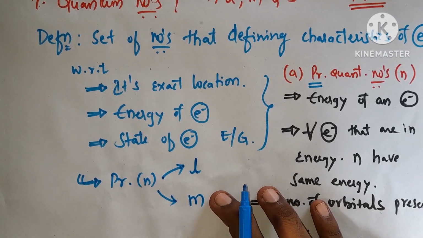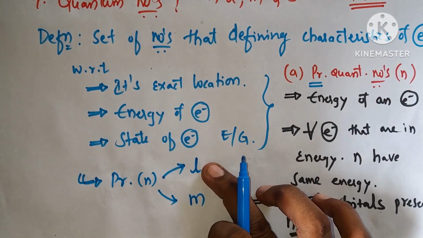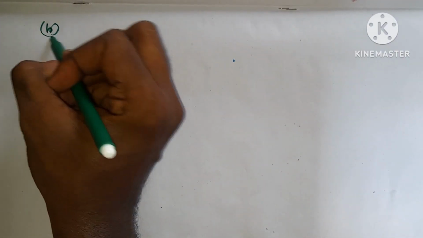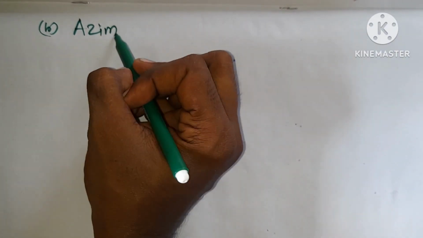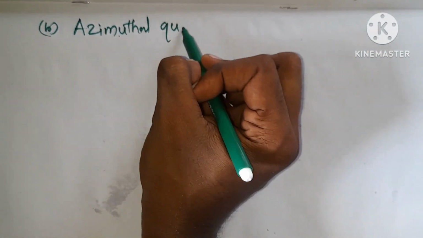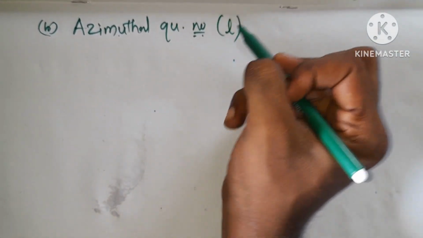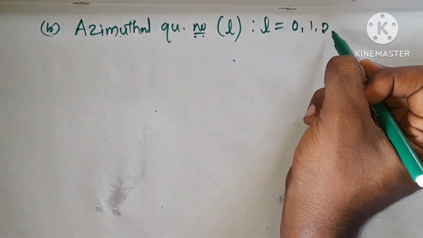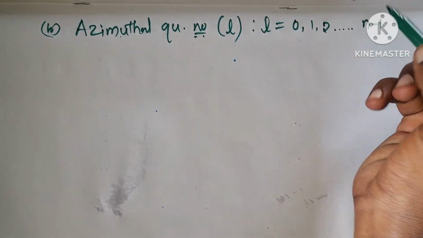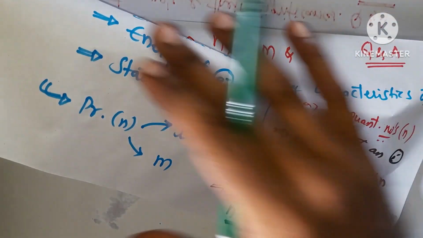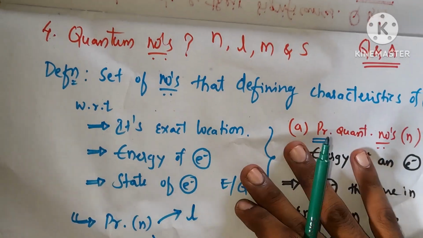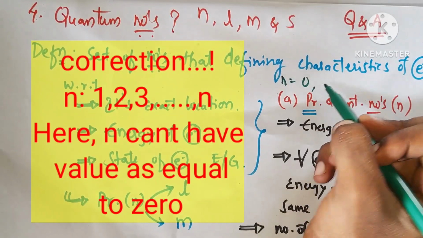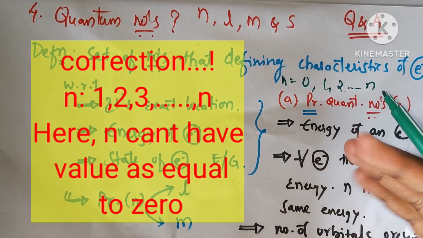So the next quantum number is azimuthal quantum number L. We'll be discussing its significance. It is denoted by L, where L's value is equal to 0, 1, 2 and up to n minus 1, whereas for the principal quantum number the values will be n is equal to 1, 2, up to n.